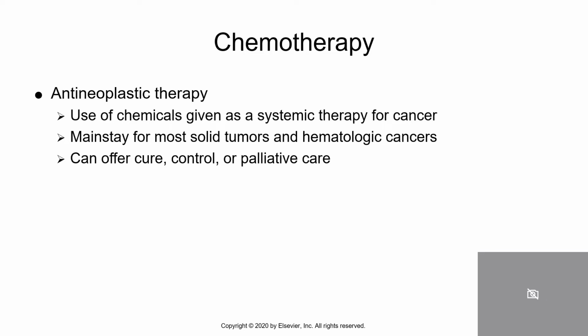But it wasn't until the 70s that chemotherapy was actually established as an effective treatment for cancer. And this anti-neoplastic therapy involves the use of various chemicals. It's really the most common treatment for solid tumors and hematologic cancers, and it can provide for either a goal of cure, a goal of control, or a goal of palliative care.